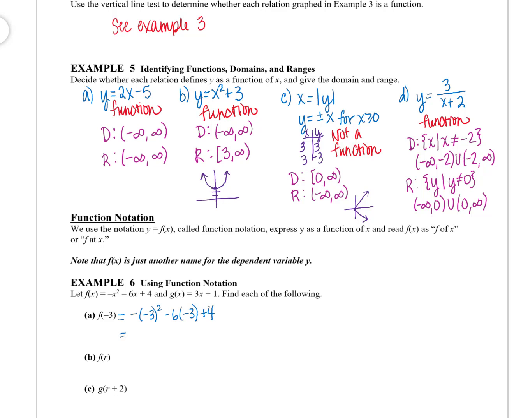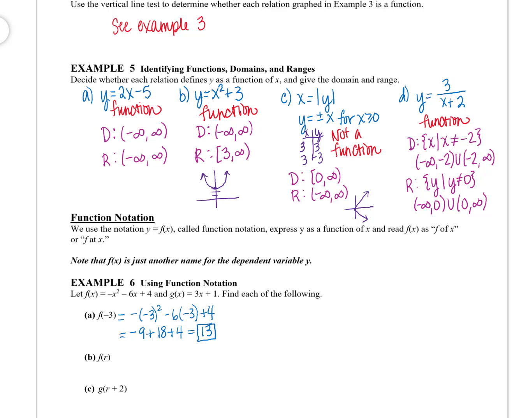If we square the negative 3, we get 9, but we still need to bring that negative down. Two negatives multiply to give us a positive. And now we can simplify. So we have 9 plus 4 is 13. So if the input is negative 3, then the output is 13.